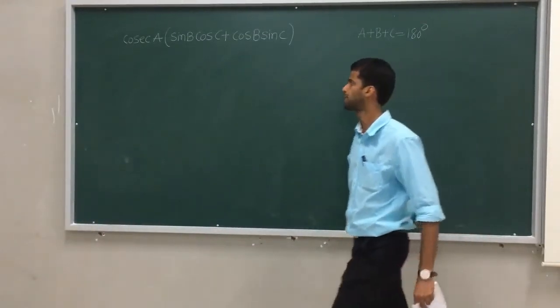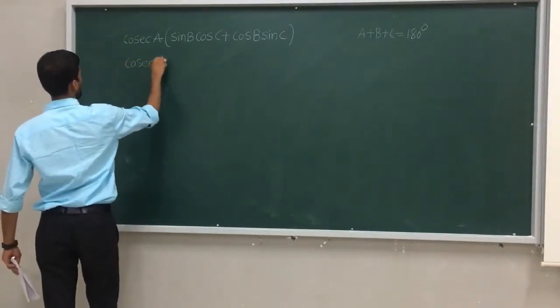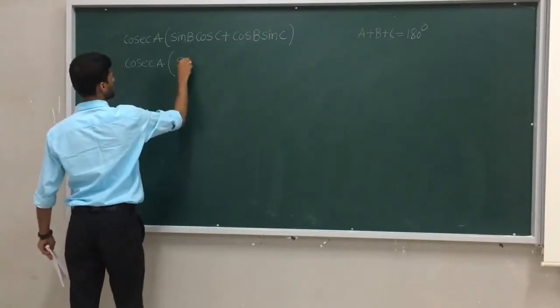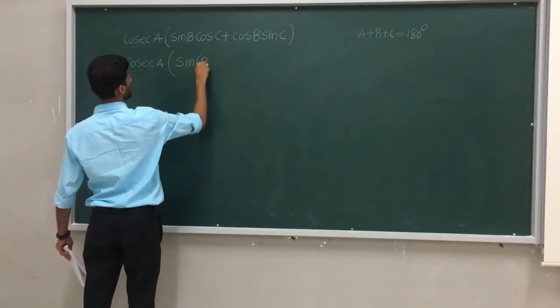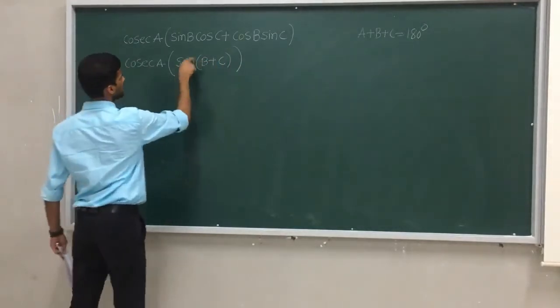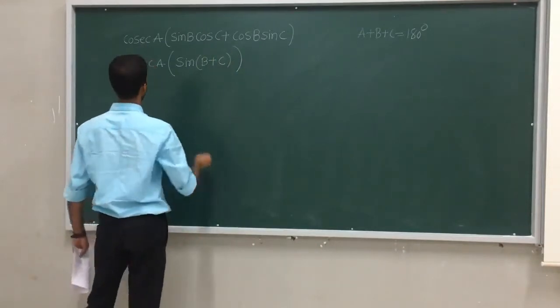What we'll do is, just look at the pattern within the bracket. The pattern is sin B cos C plus cos B sin C. It is a familiar formula for us. It is sin of B plus C, the sin of A plus B formula. Now what to do with this?